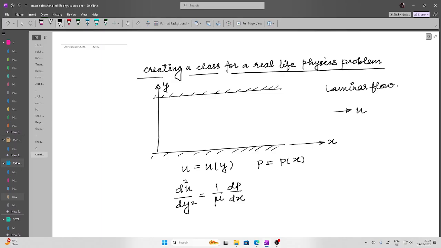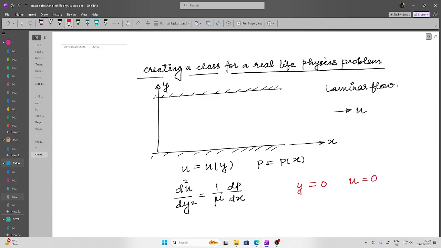Now, what are the boundary conditions for this ordinary differential equation? If you look closely, when y is equal to 0, the u velocity, that is the x direction velocity, is 0.